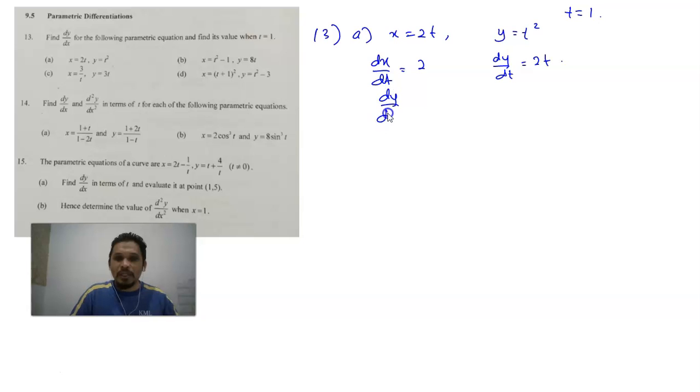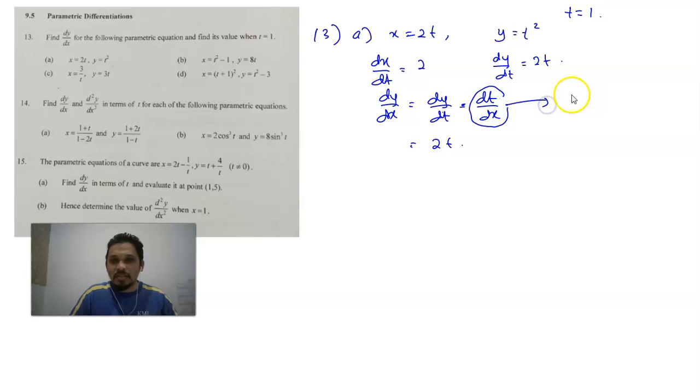So then dy dx equal to dy dt multiplied with dt dx. So now we already have dy dt here, which is 2t, multiplied with what we have here right now is dx dt, and what we want here right now is dt dx. So means that here this is 1 over dx dt.